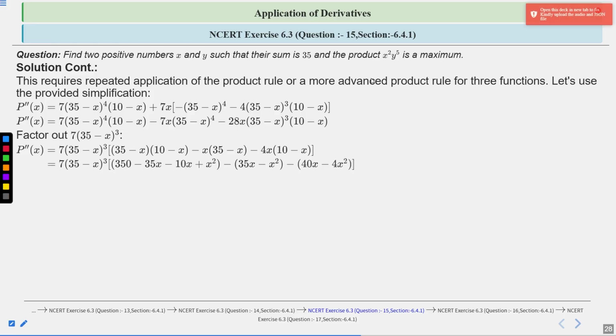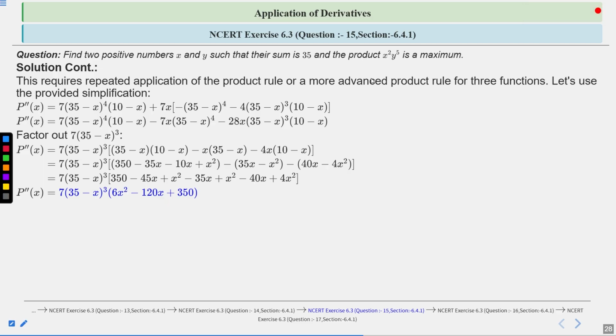Which is equal to 7 times (35 minus x) cubed into (350 minus 35x minus 10x plus x square minus 35x plus x square minus 40x plus 4x square). So p double dash x will be equal to 7 times (35 minus x) cubed into (6x square minus 120x plus 350), right?